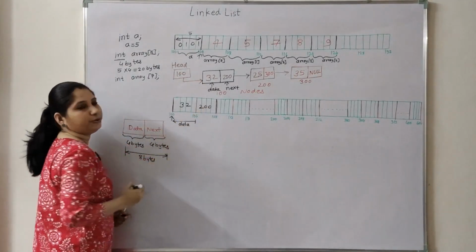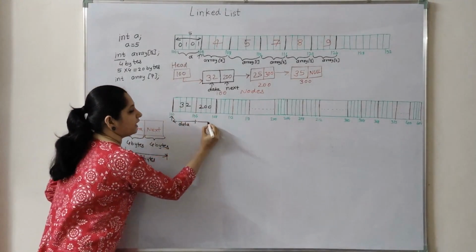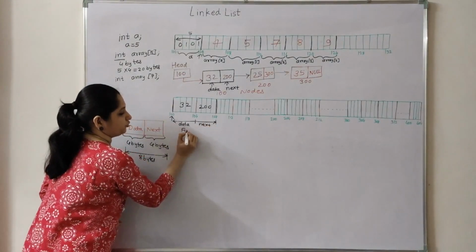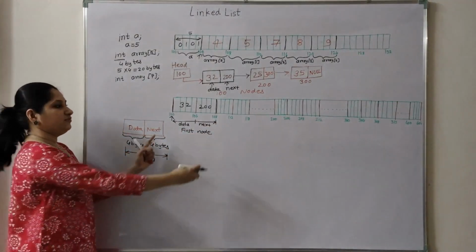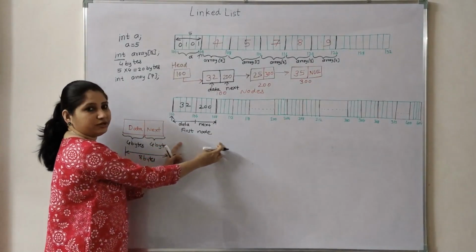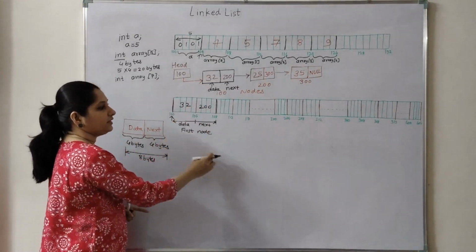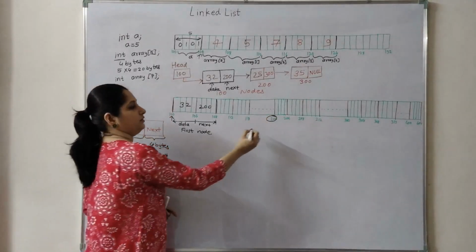So from 100 to 108, that part will be allocated to our first node. This is our first node, and after that first node, the address 200 is stored, so it will directly redirect to the memory location 200.